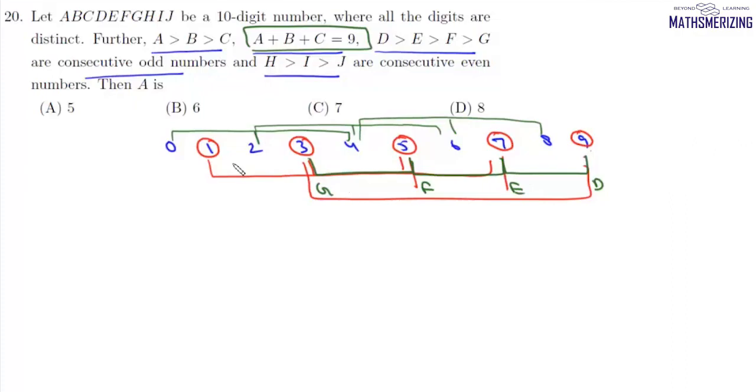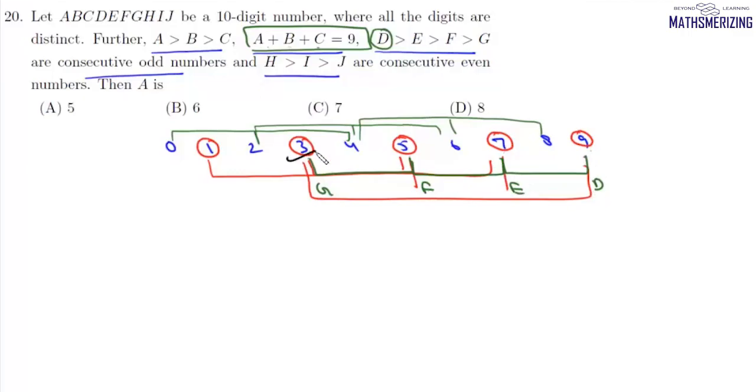The reason for that is, if we choose D as 7, so it will be D, E, F, and G, then this 9 will be assigned to either A or B or C. And if it is assigned to A, B, or C, then their sum cannot be 9, it will be greater than 9. That means this 9 cannot be assigned to A, B, C, and since H, I, and J are even, it must be assigned to D, E, F, and G, and since D is the greatest one, odd numbers must be assigned in this fashion, D, E, F, and G.